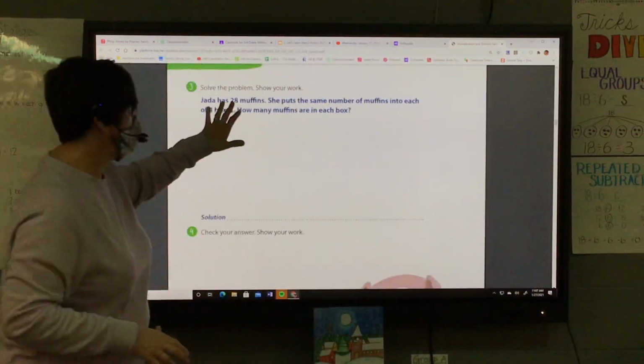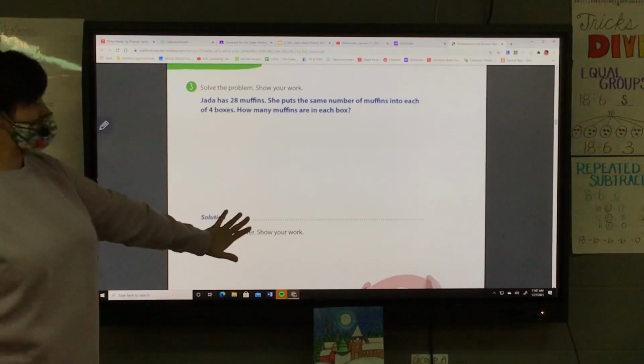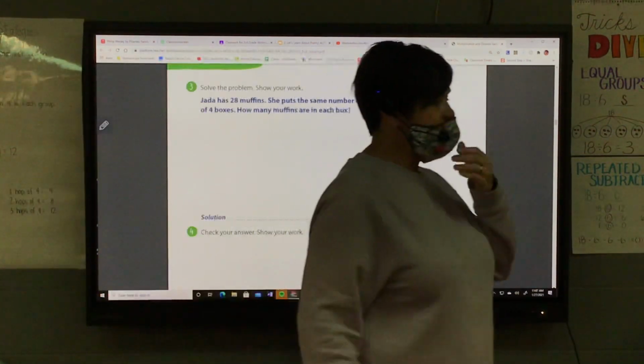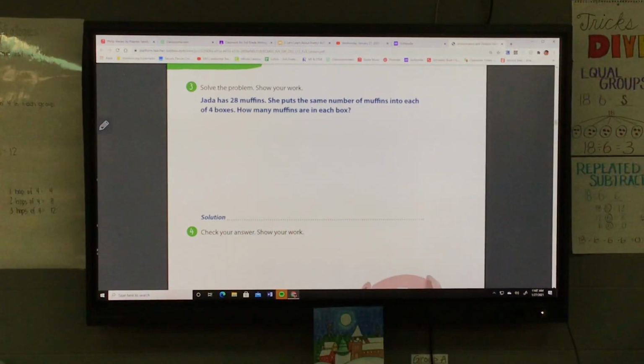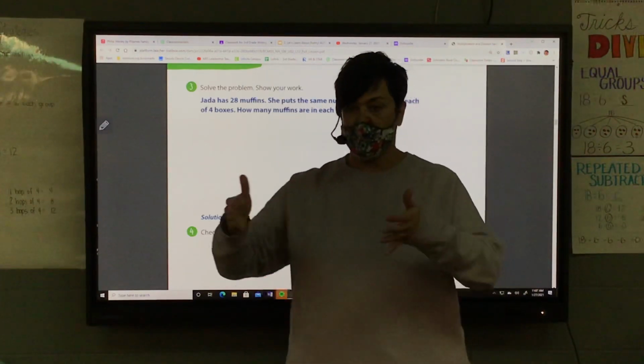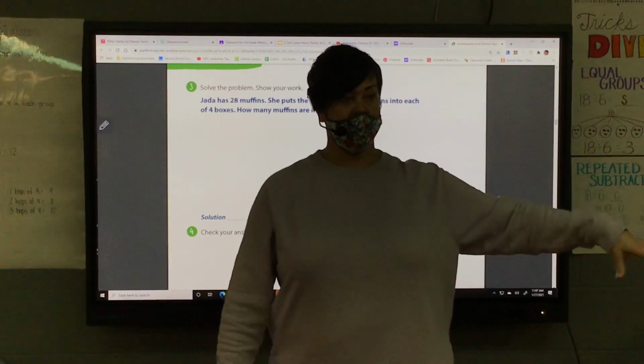Now, using this information and our solution, how many muffins did she put in each box? 7. We agree? 7? So you said that she started with 28. She has 4 boxes and 7 muffins went in each box.